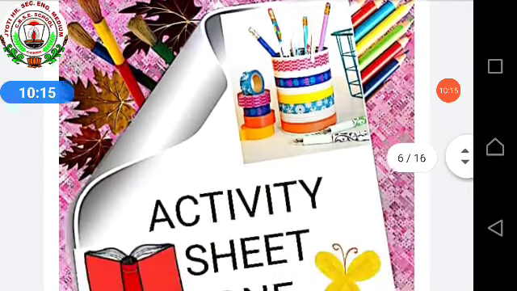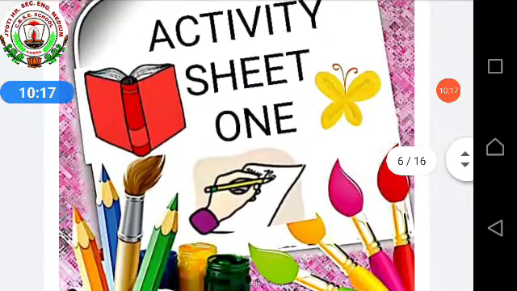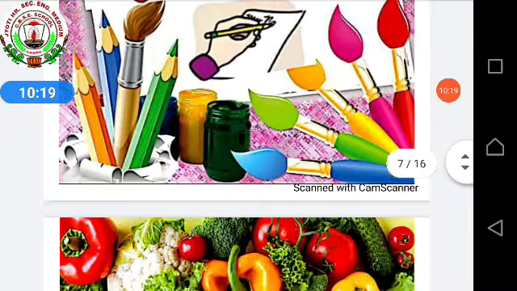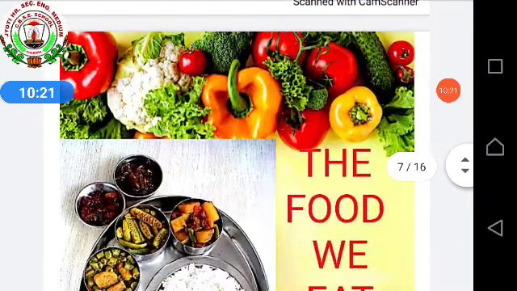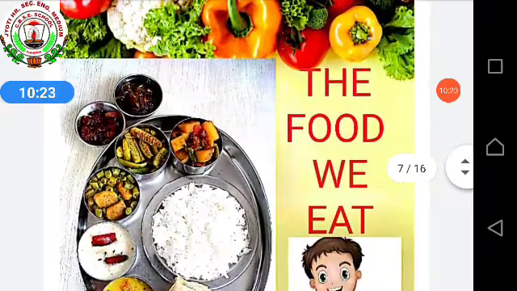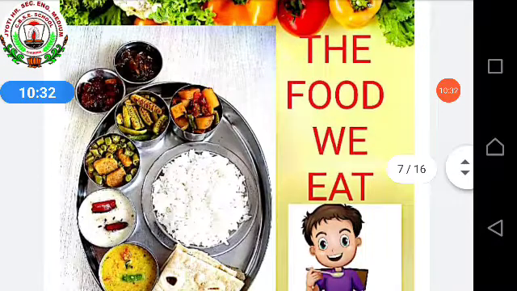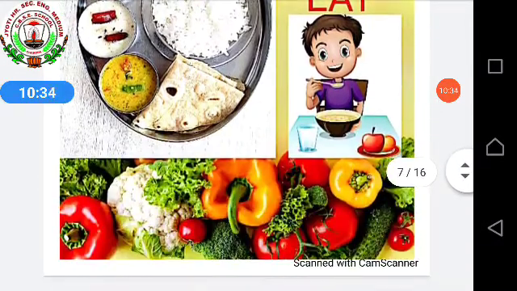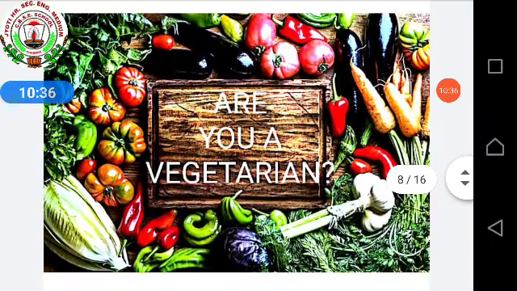Now we'll start the activity sheet 1. As you all know, the activity sheet 1 is based on the first 2 chapters of your English Learn Well. That is chapter 1, the food we eat. Okay? And chapter 2, are you a vegetarian?